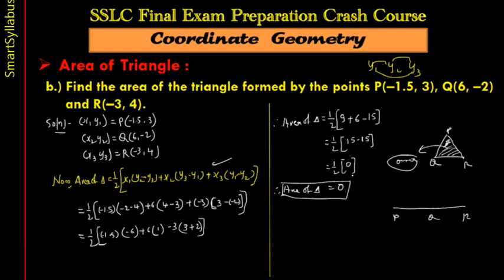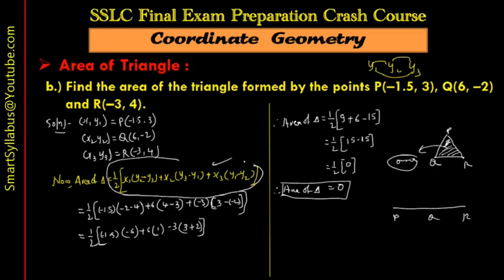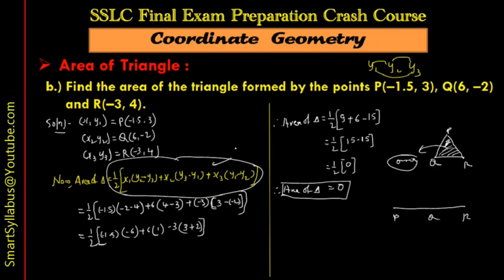Apart from 0, if you get any other value, then definitely the points are not collinear. So the collinear and non-collinear points can be made clear with the help of the area of triangle formula. The same formula can be used for different sums, right? Practice this sum again and again to make this point very clear.